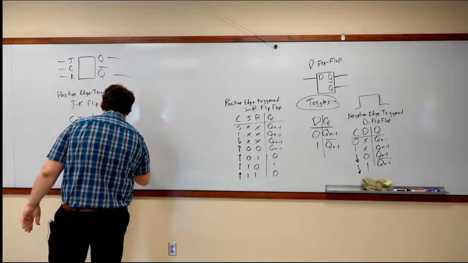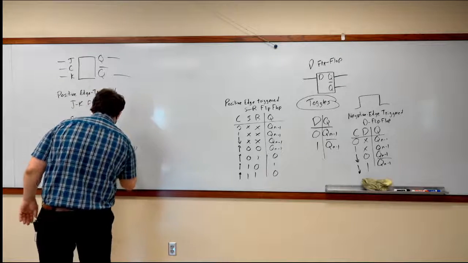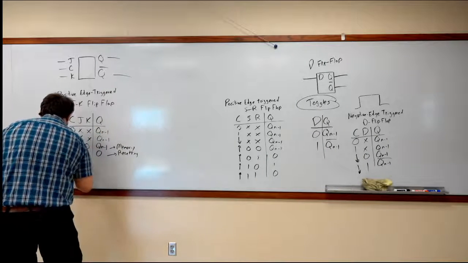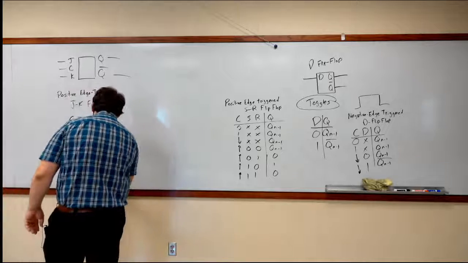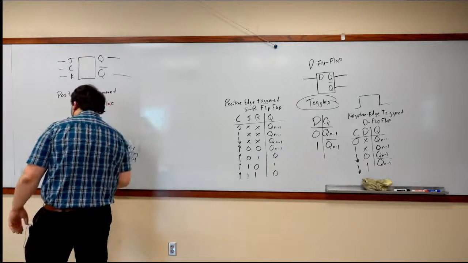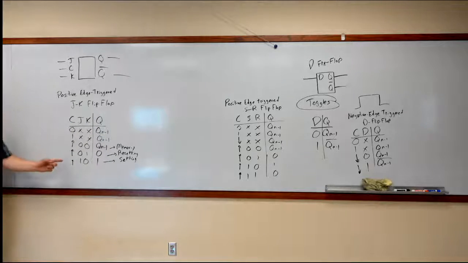So this is what's known as memory. This is what's known as resetting because it sets the value to 0. If you do the other way around where you have a J and not a K, this is called setting, because so far every bit of this is the same as a clocked SR flip-flop.